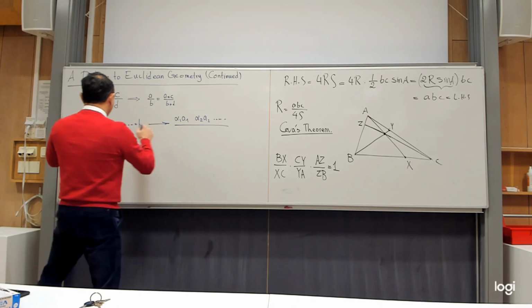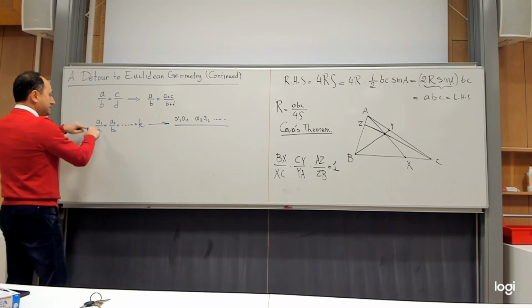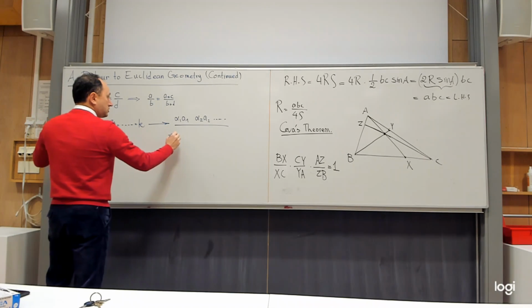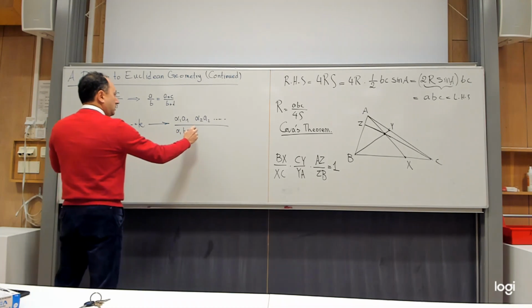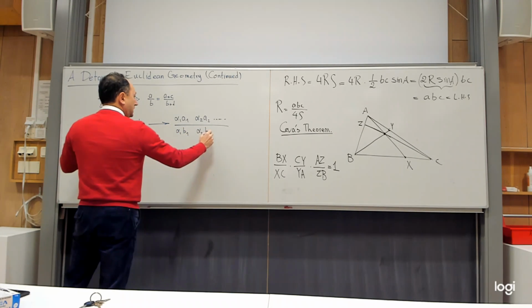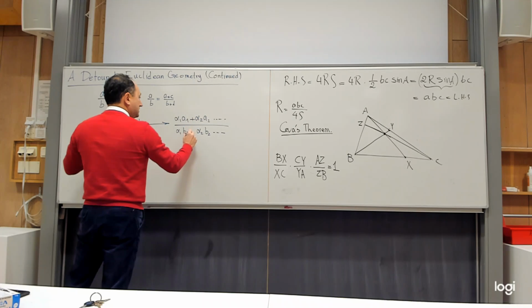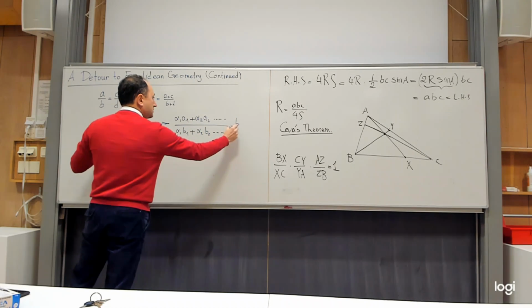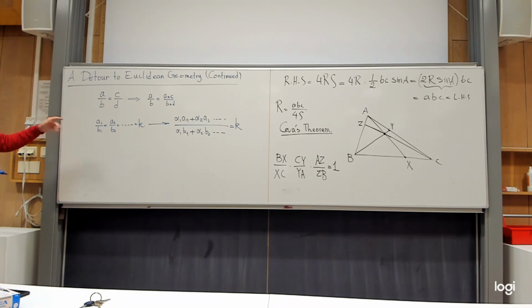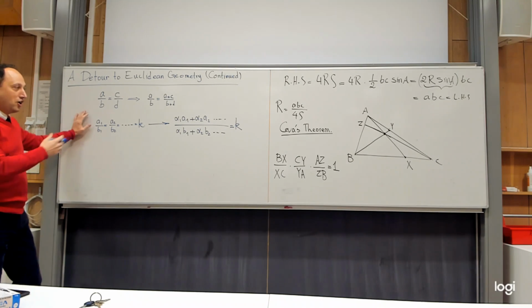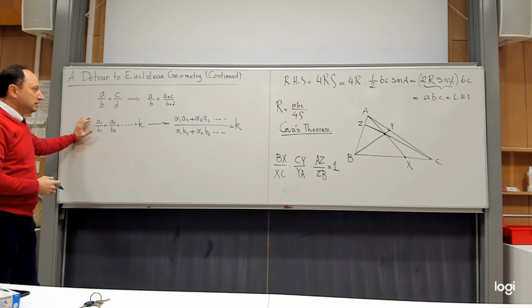And whatever you did for the numerators, you do exactly for the denominators. So for example, alpha 1 B1, and then alpha 2 B2, and then you continue. If you add these, this also becomes K. You remember we had something like this. It's not hard, but it is not that trivial in the beginning.